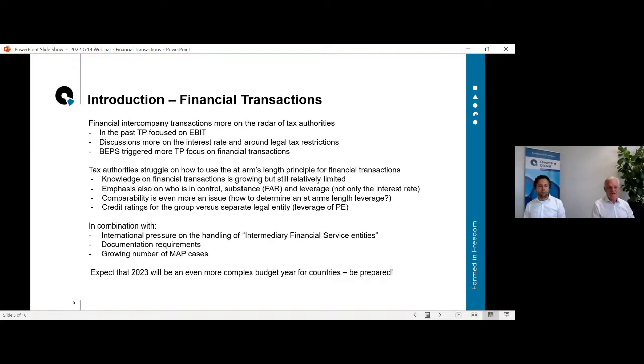When I started my career, and also with the tax authorities, where I worked between 2000 and 2007, everyone was thinking how to use the arm's length principle of the transfer pricing guidance for financial transactions. Up till that moment, everybody was focused on EBIT. You know them, EBIT on cost, EBIT on sales, etc. But on the financial transactions, the question was more or less, can we say something about the interest rate?